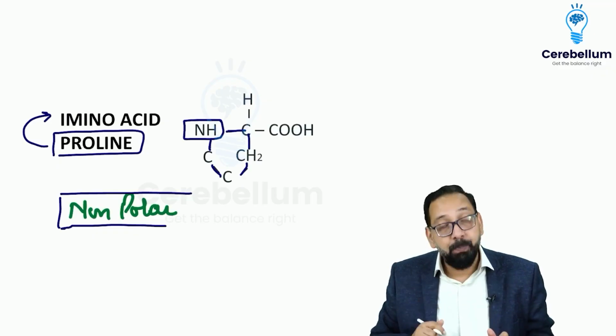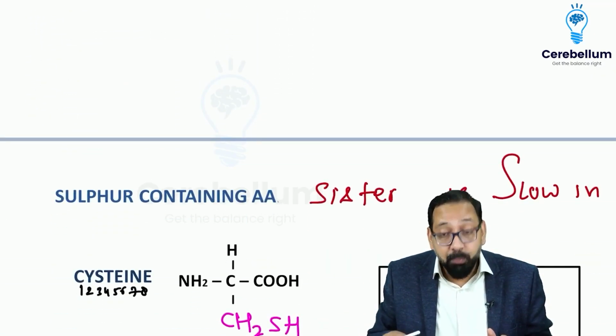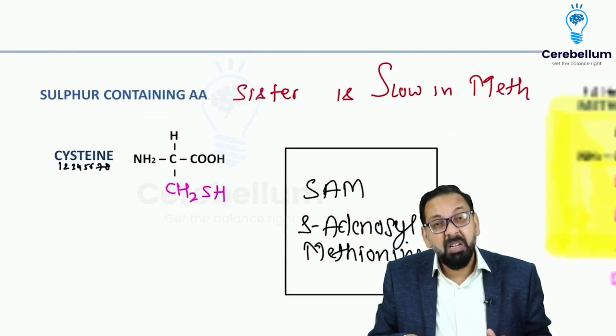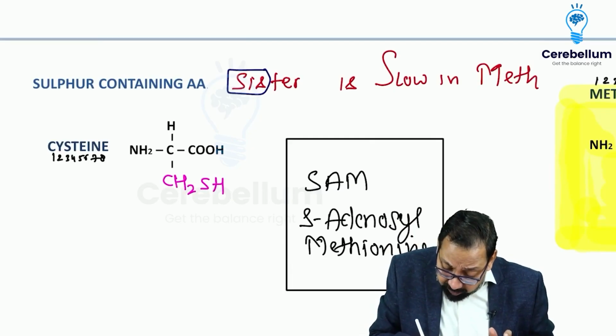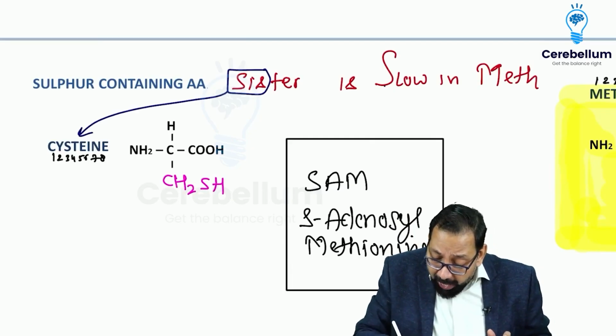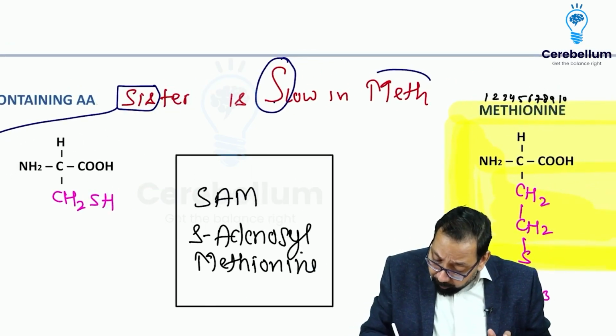Now the next group is sulfur containing amino acids, and the mnemonic for this is "sister is slow in math." Cis for cysteine, slow as for sulfur containing, math for methionine.